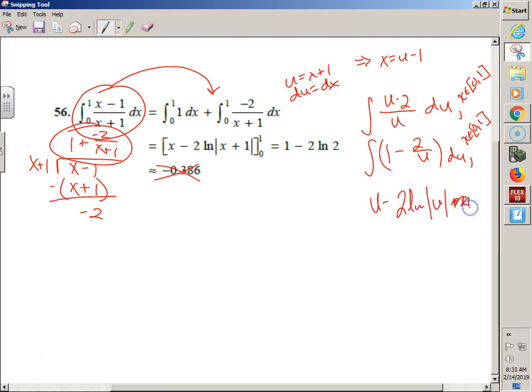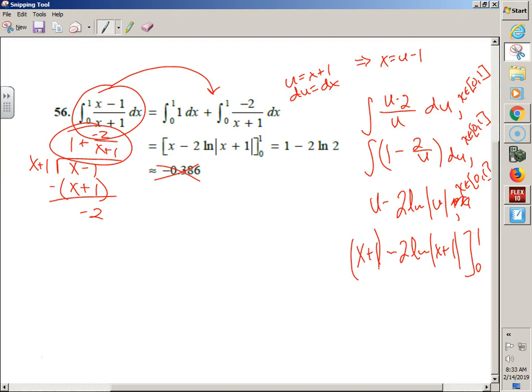Oh, wait, definite integral. So then, Thomas, I would have still kept my x bounds from 0 to 1. Plugging in u, x plus 1 minus 2 ln of x plus 1 from 0 to 1.